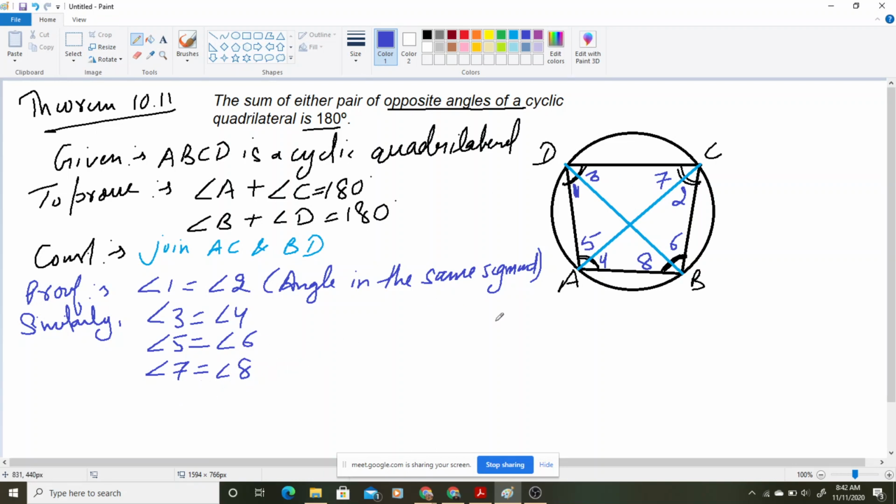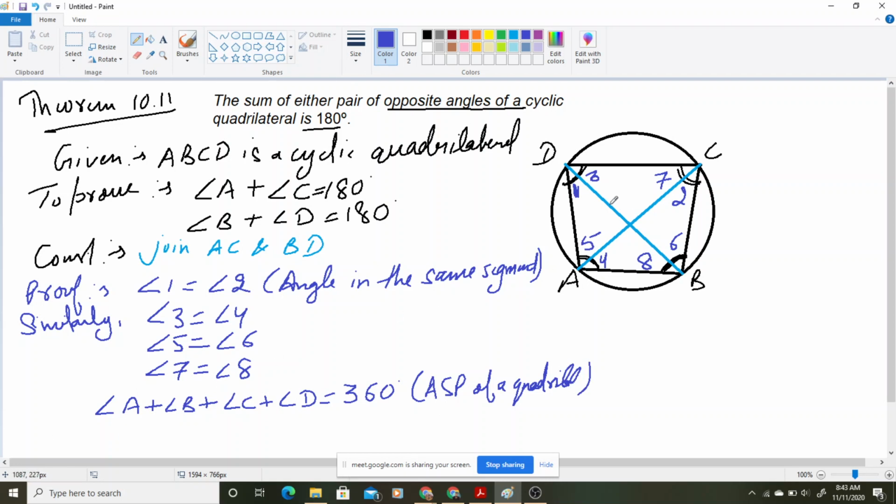So now you all know one thing, angle A plus angle B plus angle C plus angle D. The sum of all angles of a quadrilateral, how much is it? If we are doing the sum of all angles, it is 360, no? Because ABCD is a quadrilateral. So you will be writing here angle sum property of a quadrilateral.